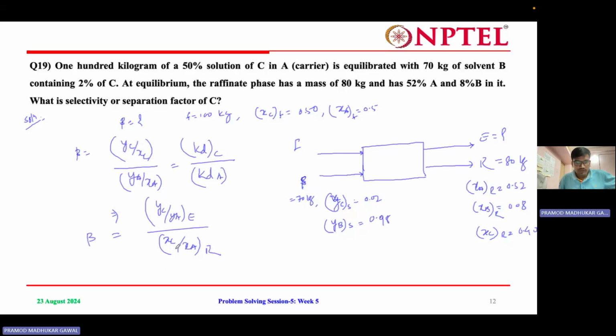So we know the XCR, XAR; YC and YA, the composition in the extract phase, we have to calculate.